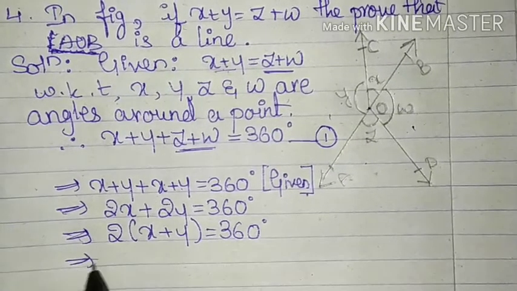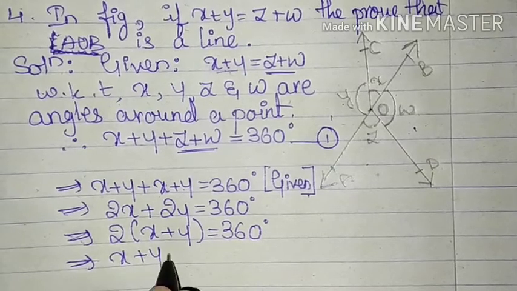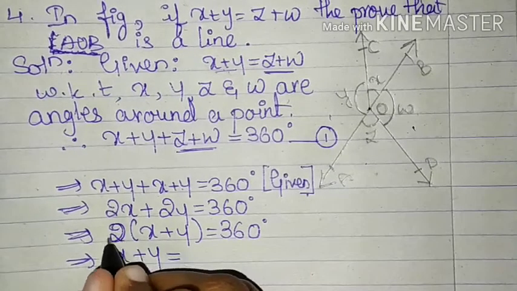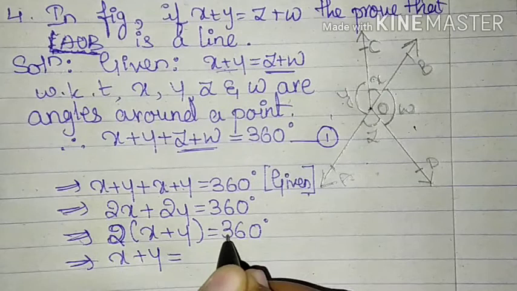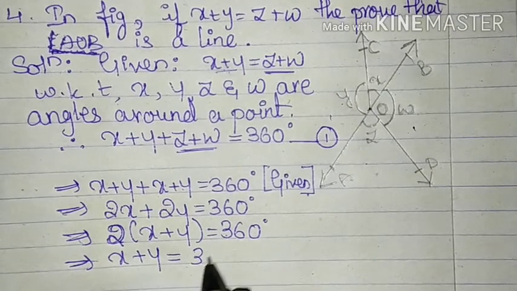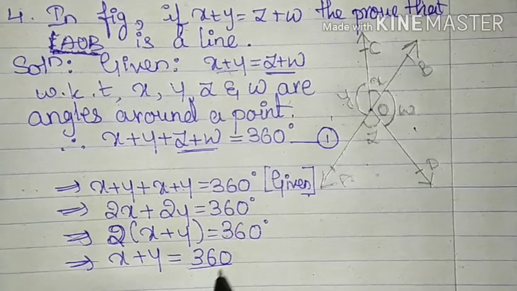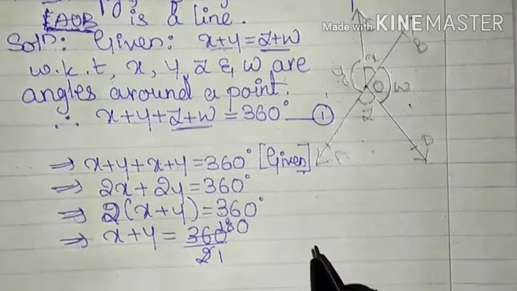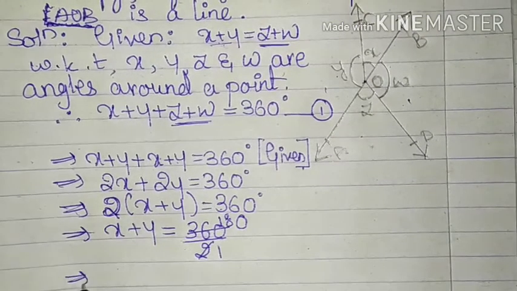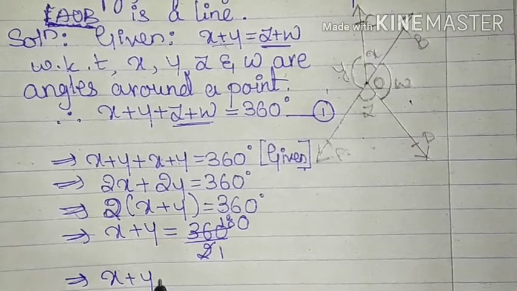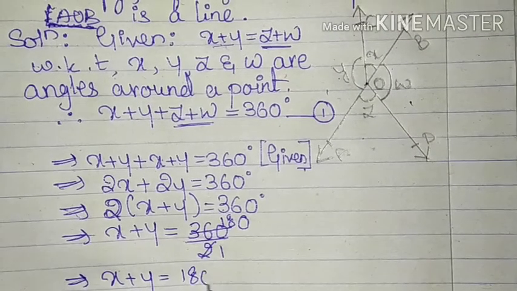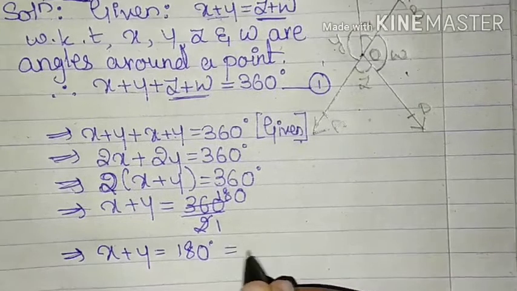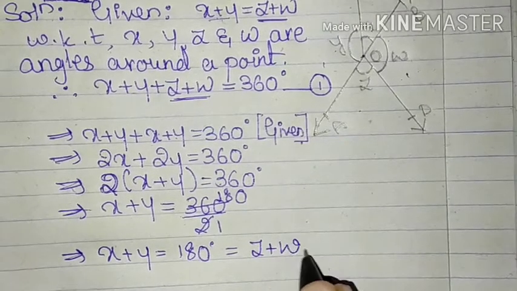Now this implies x plus y is equal to, since 2 is multiplied here, if I transfer it to the other side of the equation, it will be divided, 360 by 2. 2 ones are 2, 2 eights are 16, which gives 180. This implies x plus y is equal to 180 degrees, which is equal to z plus w.